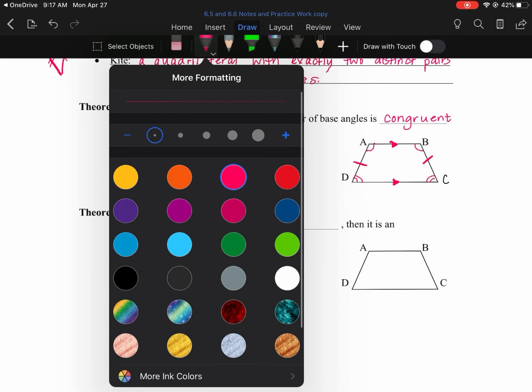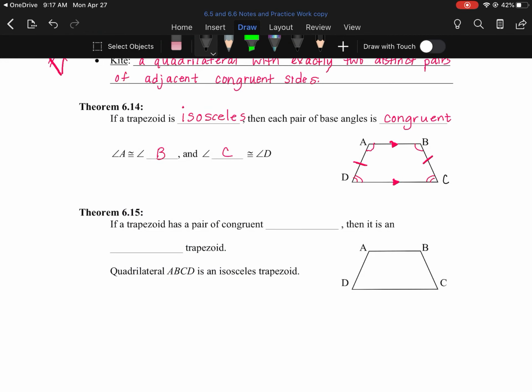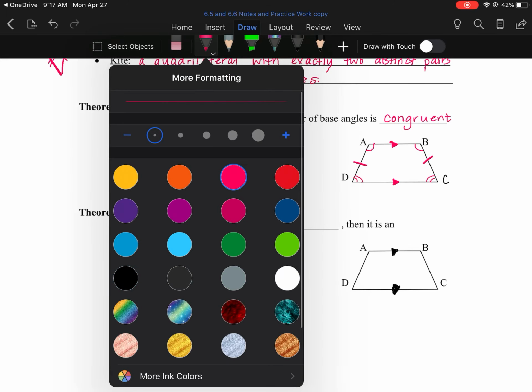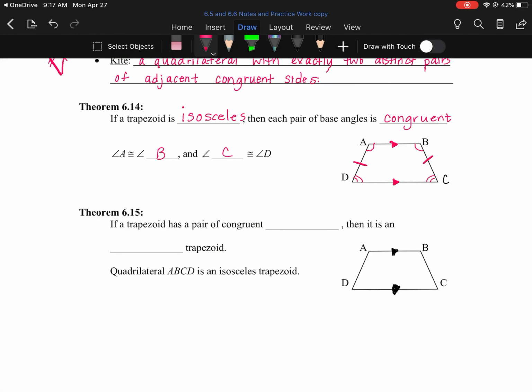For this next one, before we get our definition, we'll put that these two sides here are parallel. Okay, now let's fill out what we know. If a trapezoid has a pair of congruent base angles, so we'll say those two are congruent, then it's an isosceles trapezoid.